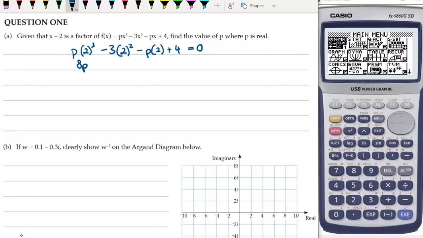Tidying that up, we get 8p. We've got 2 squared is 4, and then times the 3 is a 12. Then we have minus 2p plus 4 equals 0. So collecting those up, we have 6p minus 12 plus 4, which is minus 8. So 6p is 8. P is 8 over 6, or 4 over 3.